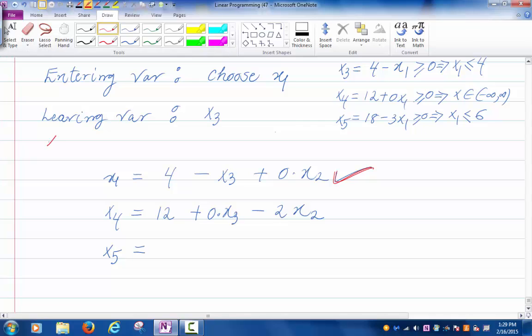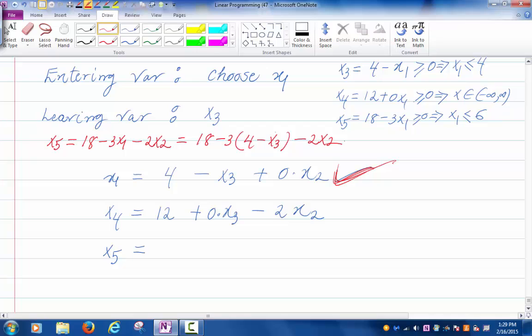So what is x5? x5 was 18 minus 3x1 minus 2x2, right? So what am I going to do? I am going to put in the value of x1 right here. There. So what do I get? 18 minus 3 times 4 minus x3 plus 0x2. I'm not going to write it. Minus 2x2.